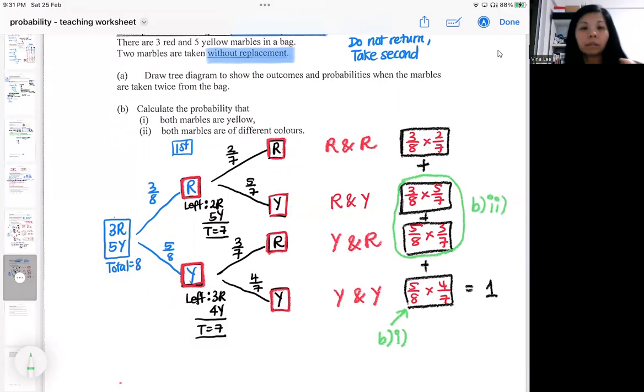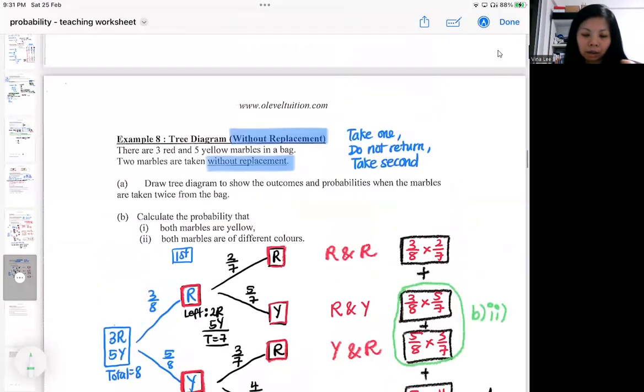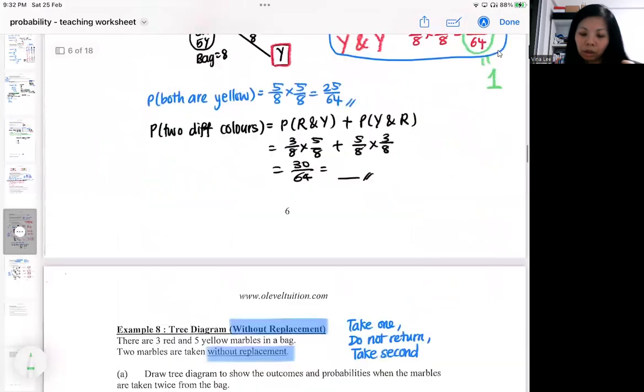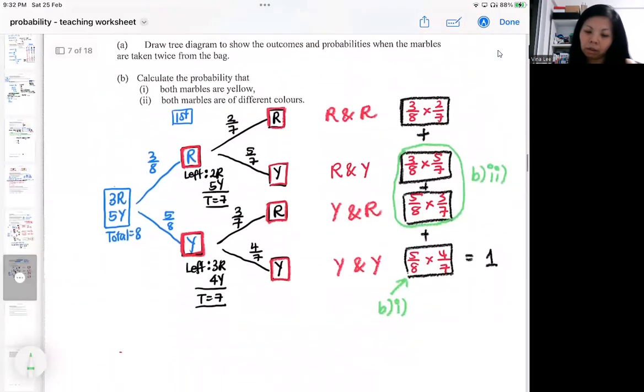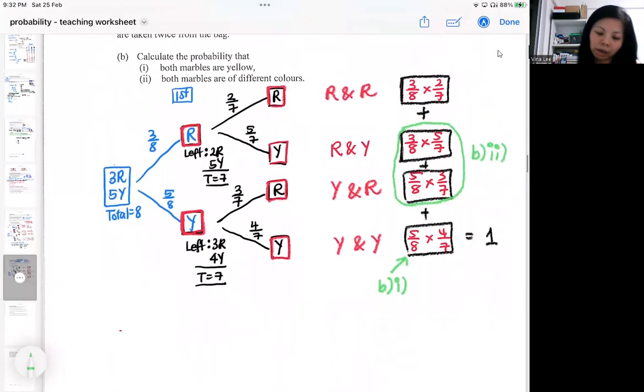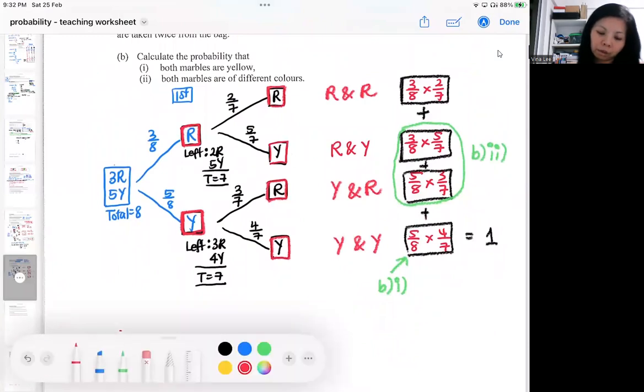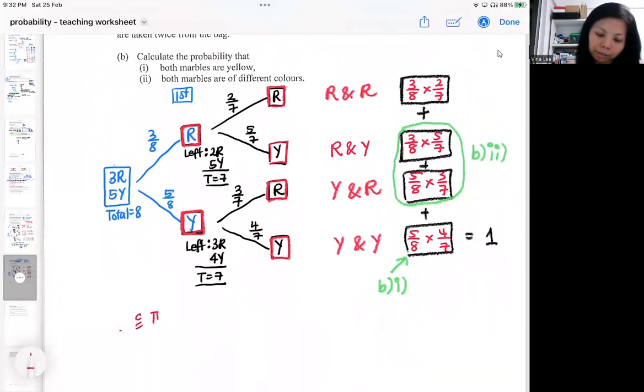So that's it. In this question, I never asked about having the third marble. But for example, if we really have a third marble, I'm going to draw a third marble. What is the chance that all the 3 marbles are red? You can refer to the tree diagram.